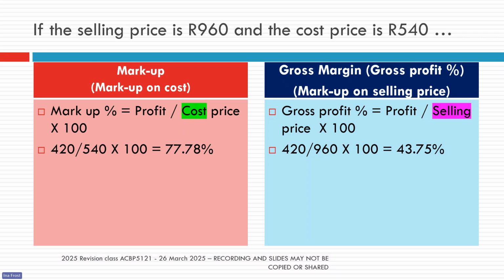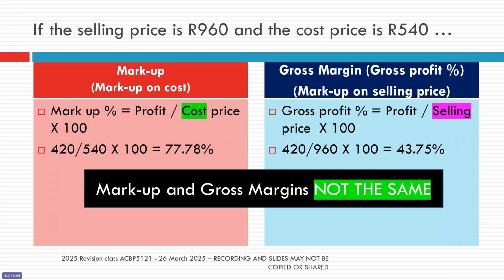So you can see it gives me two completely different answers, whether I'm working with a markup or with a gross margin. And so it's very, very important in the test that you use the correct formulas. Otherwise, it will impact the accuracy of your amounts.